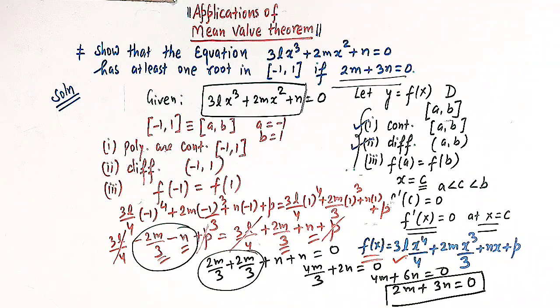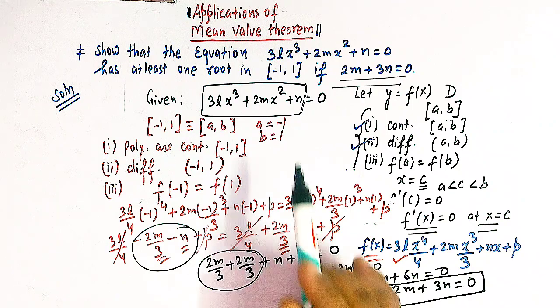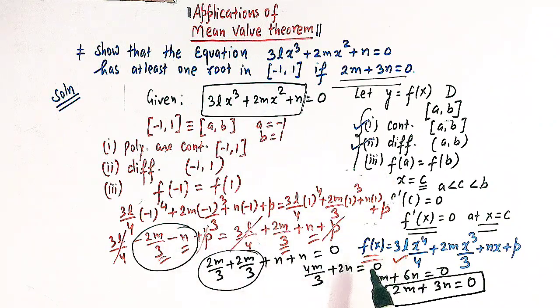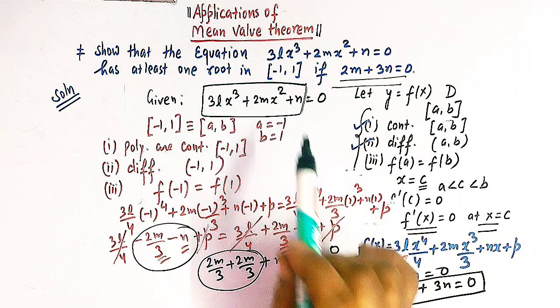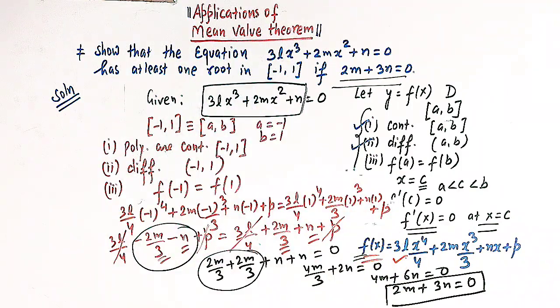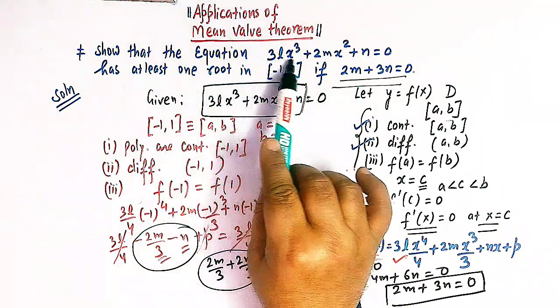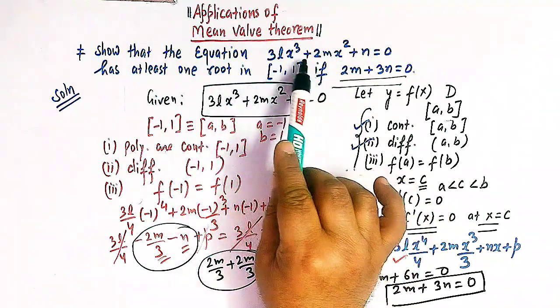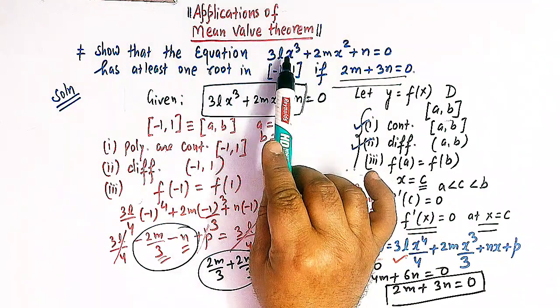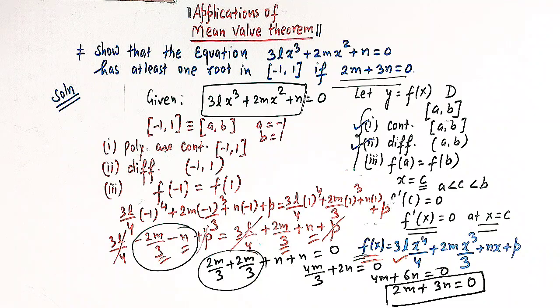So viewers, in these type of problems, what we do, we first obtain the function f of x from the given equation, right? So this part of the equation may be treated as the derivative of f of x, right?